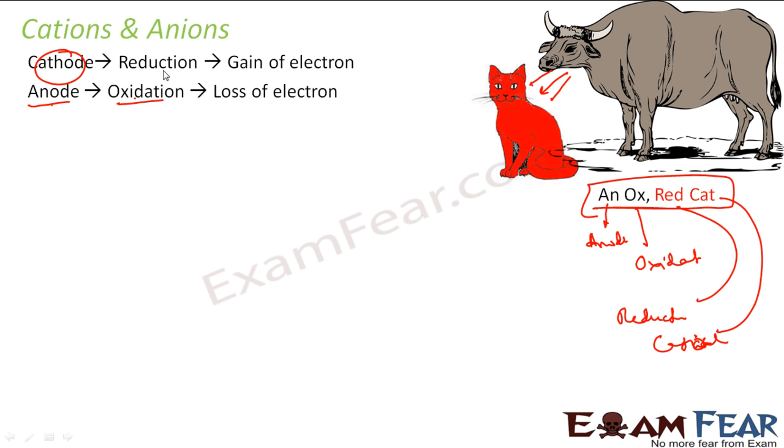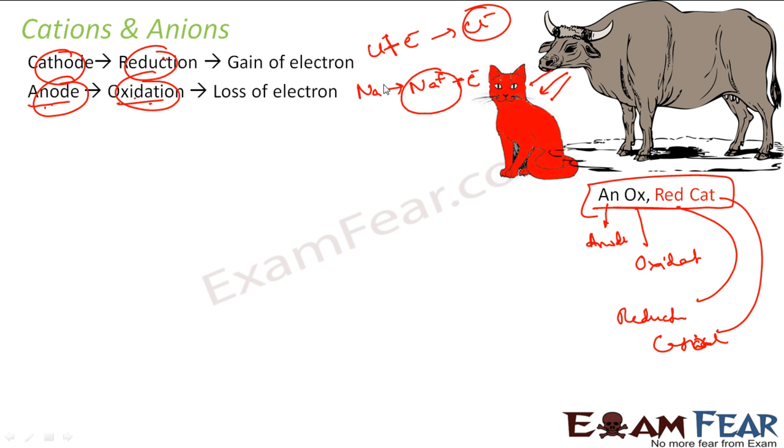So at the cathode, red cat, reduction happens. At the anode, an ox, oxidation happens. Reduction is gain of electron. Oxidation is loss of electron: sodium will lose an electron and get a positive charge. This is called oxidation. Reduction is gaining an electron: you have Cl and you get this electron, you get Cl-, and you are stable.